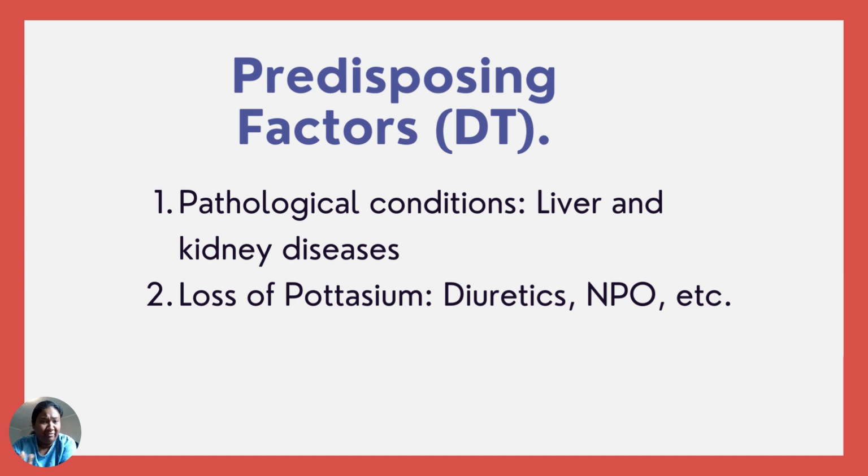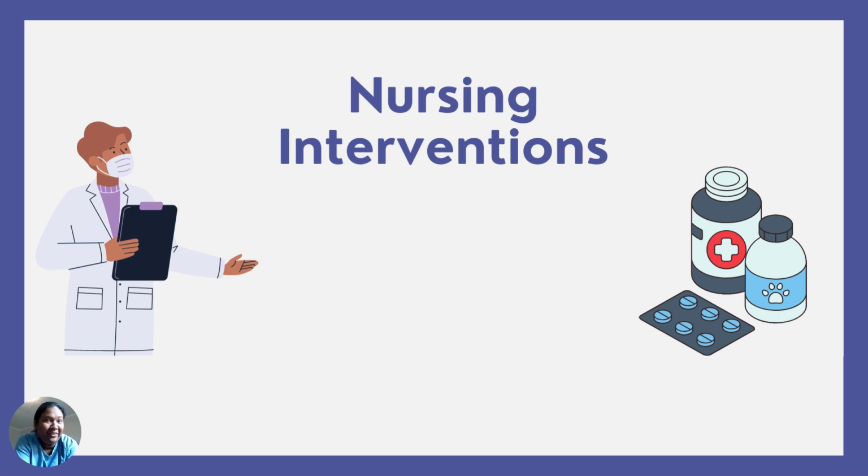When we have excessive nausea and vomiting, when we have nil by mouth conditions, when we don't take potassium at all, and also when we have suctions, gastric suctions especially. So these are the conditions of losing potassium, and these are the predisposing factors of digitalis toxicity. I hope until this much is clear for all of you.